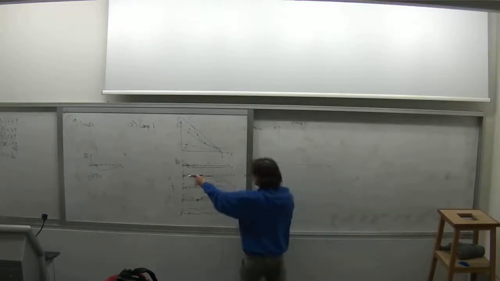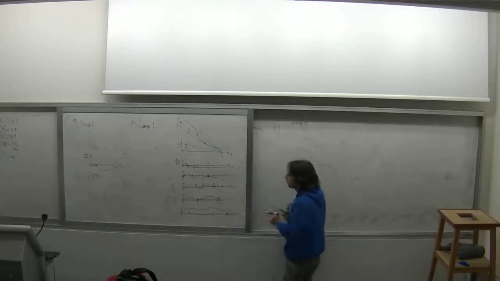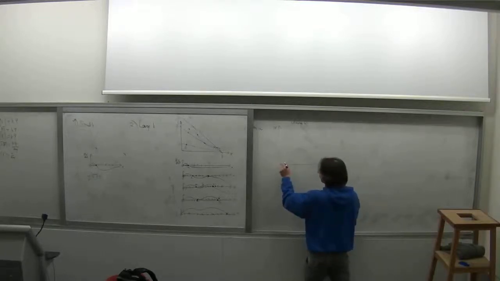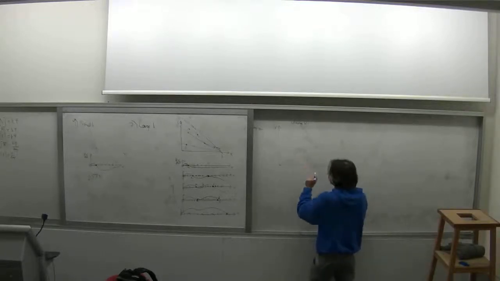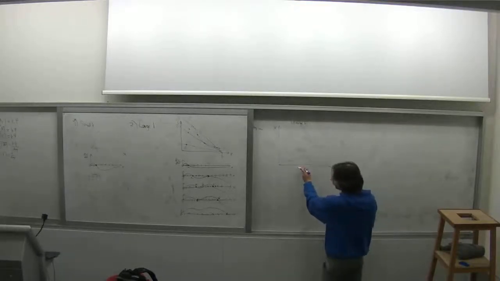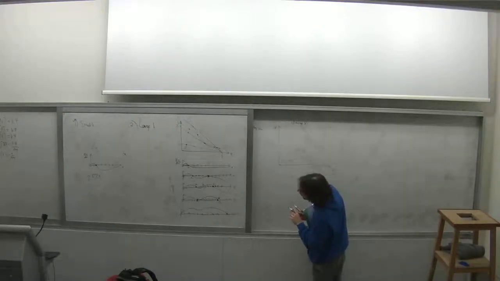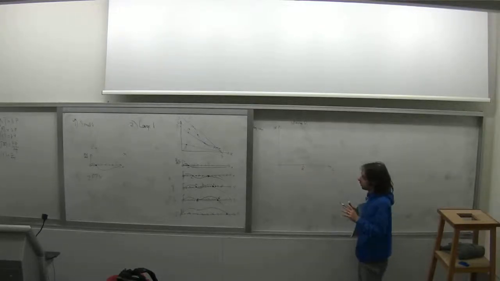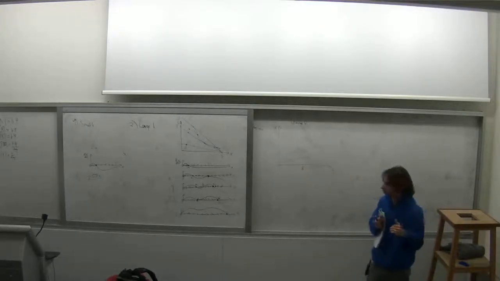It's increasing and increasing and increasing until it merges with B. So this will be its curve. At a certain point beyond S equals delta, the fixed point A stops existing.